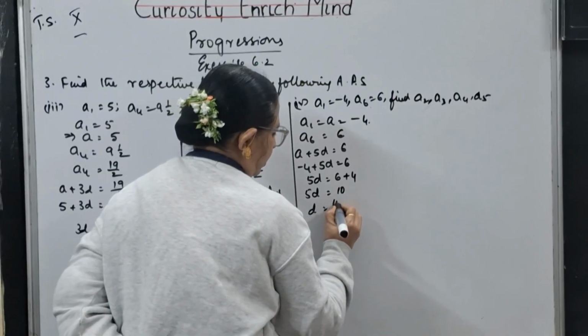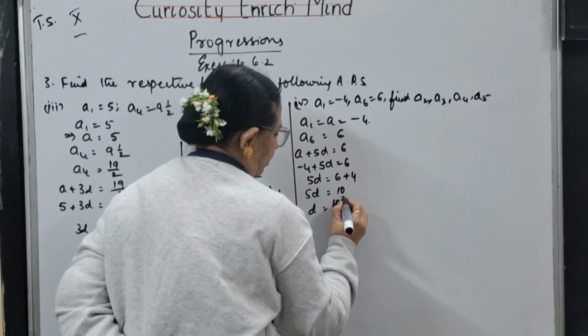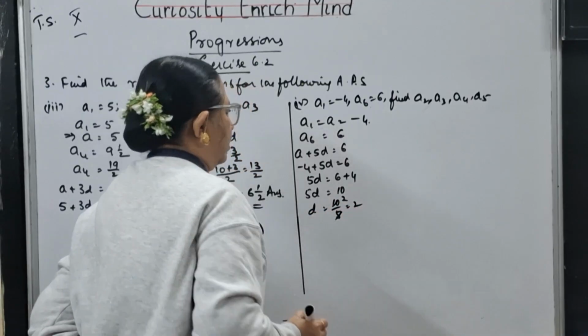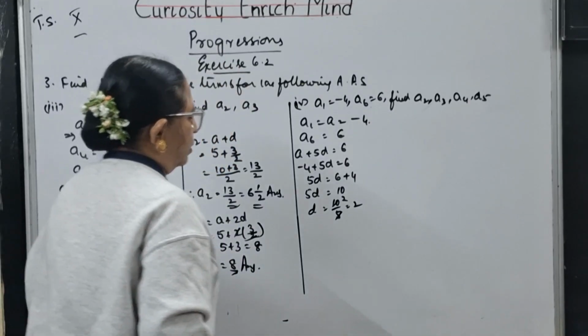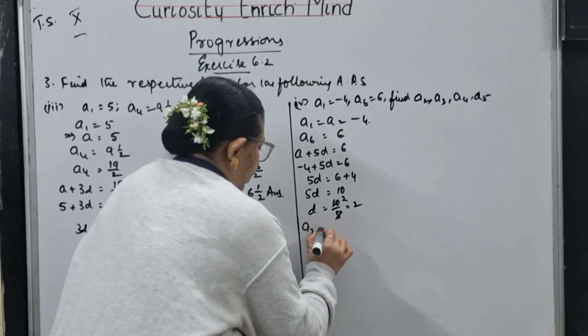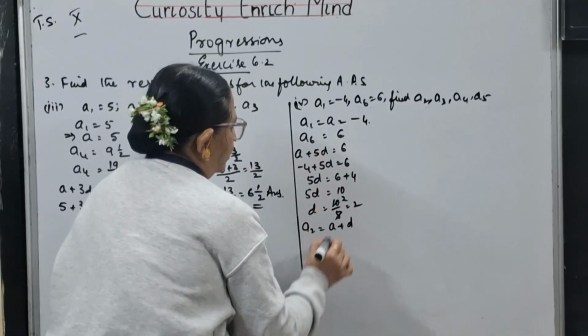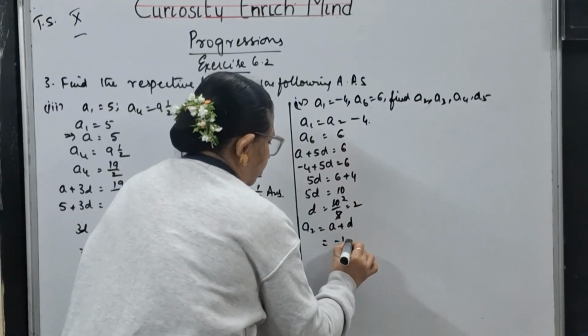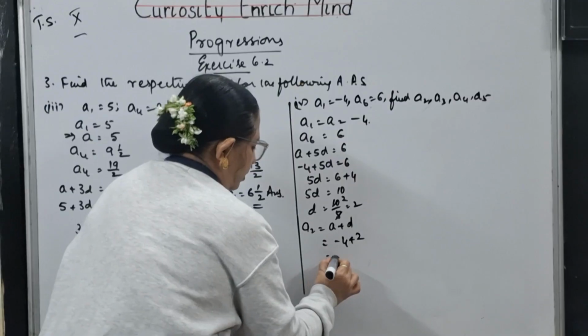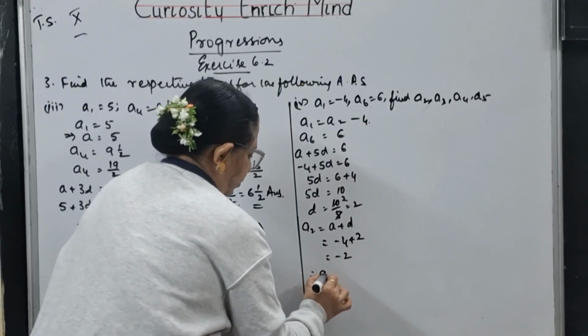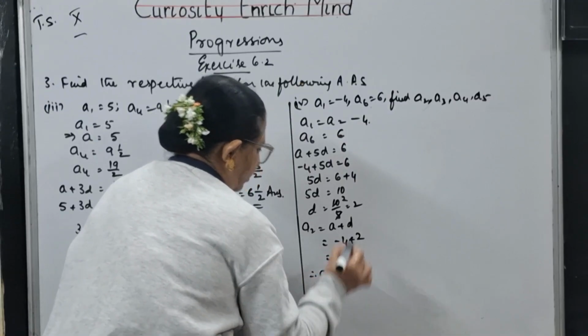What is D? 10 by 5. 5 ones are 5, 5 twos are 10. D is equal to 2 we have got. Now we want A2. A2 is A plus D. What is A? A is minus 4 plus D is 2. That is minus 2. Therefore, A2 is equal to minus 2.